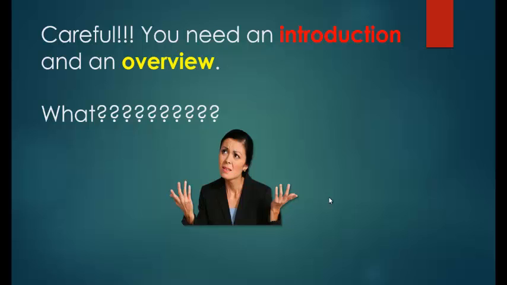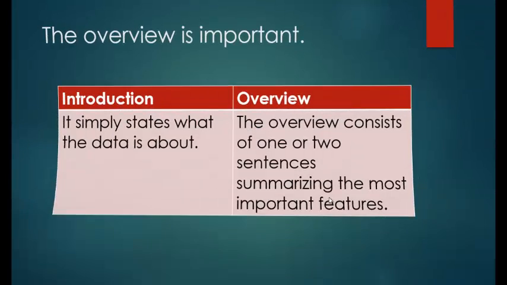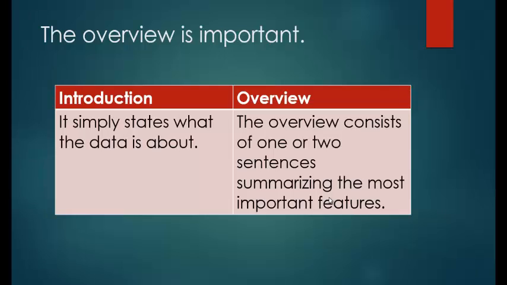Oh, so you have to be careful that there is something called introduction and overview. Yes, don't worry, we'll explain. The difference is the introduction simply states what the data is about. Okay, you have a graph about materials to be recycled, so you'll mention that.